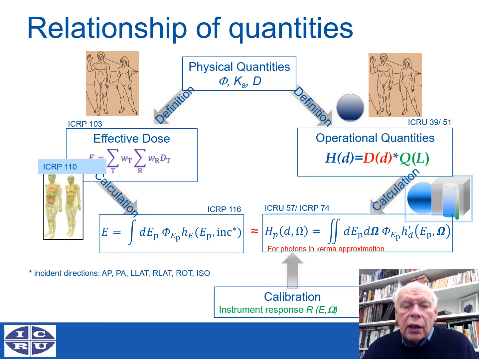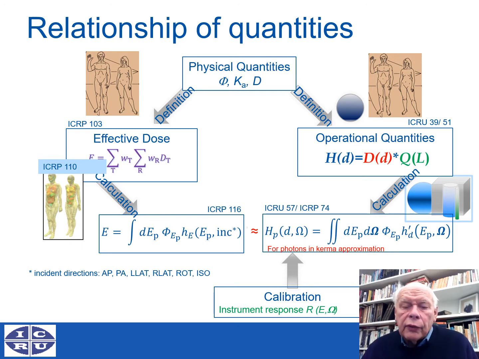One uses the definitions of the effective dose on the one side and of the operational quantity on the other side, and then with the help of transport calculations, one calculates the conversion coefficients as a function of the energy of the particle, and in the case of the personal dose, also as a function of the incidence of the incident radiation.